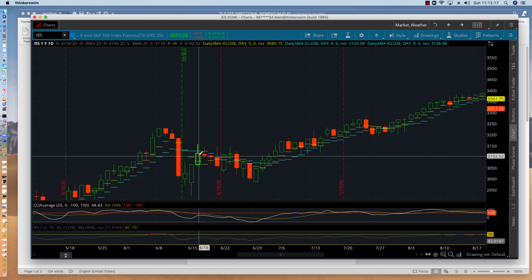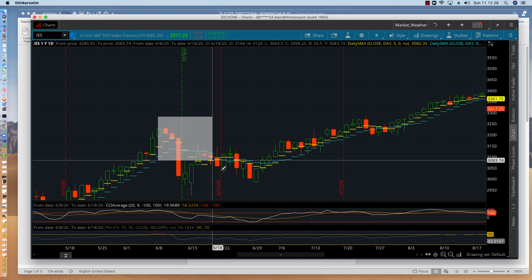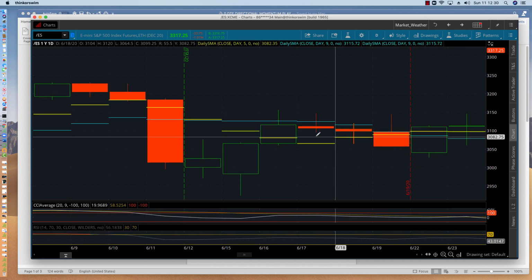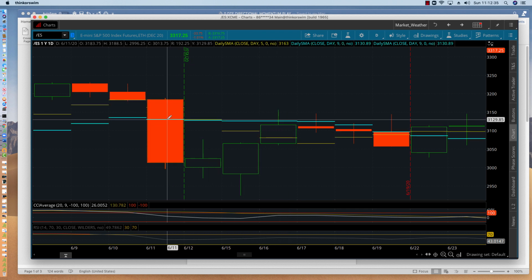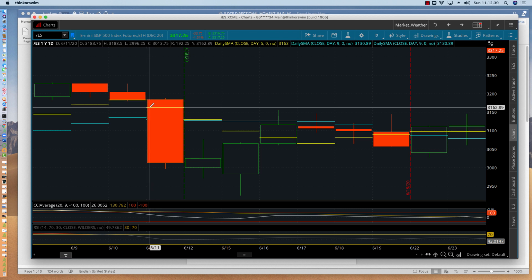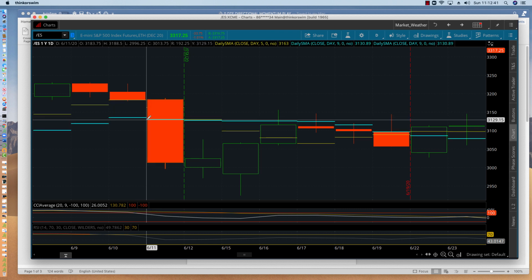This is obviously a day where the sentiment and what the moving averages are telling you are different. Here on this day, big red day, the 5 is above the 10. So by definition, that's a bullish day.